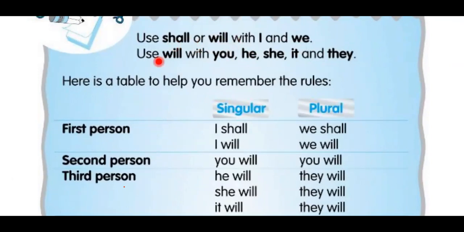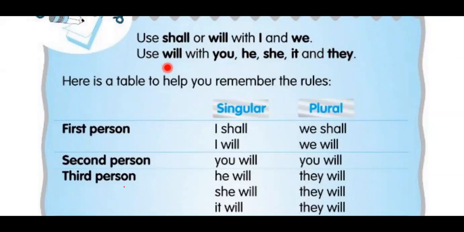Use will with you, he, she, it, and they. So what does this mean? With will, we use you will, he will, she will, it will, they will. Here, did we use shall? No. With you, he, she, it, and they we don't use shall, we use the helping verb will.